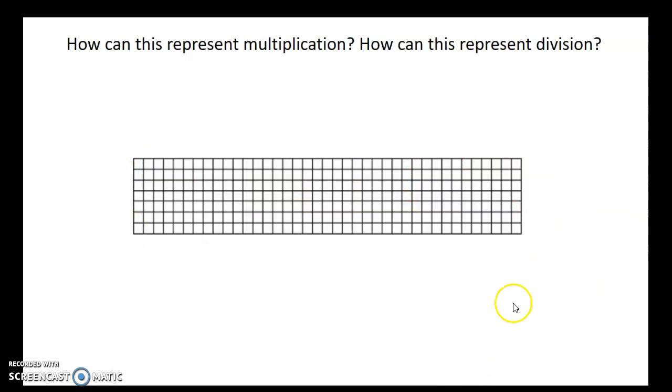Oof, okay, so this one is even harder. This is an array, and I can still figure out my answer, but I'm going to have to do some work on this grid to figure it out. So, first, I'm going to find out my length and my width. All right, so I have 1, 2, 3, 4, 5, 6, 7, 8, 9, 10.